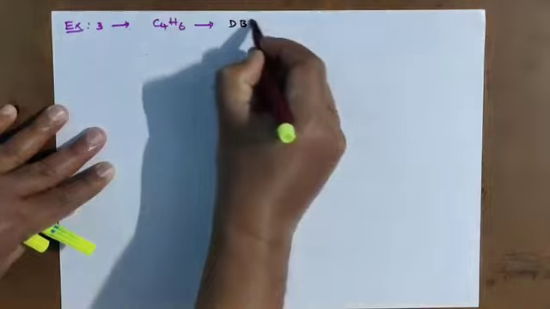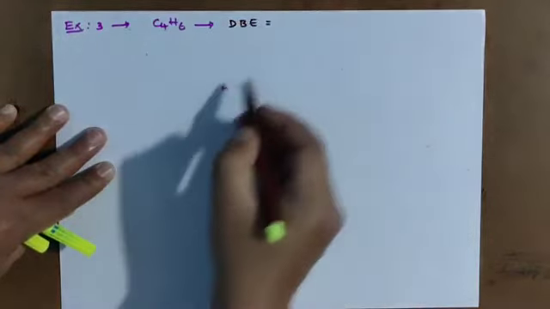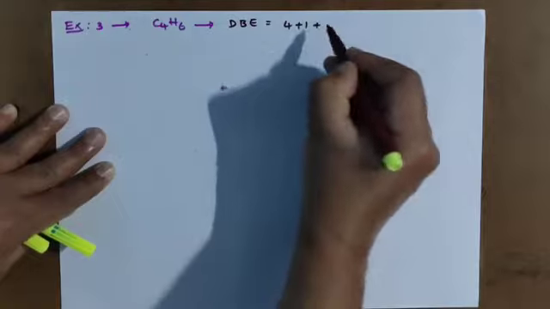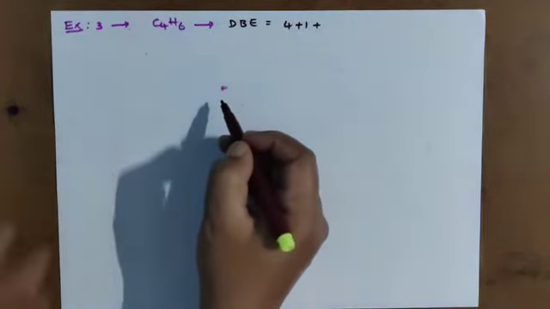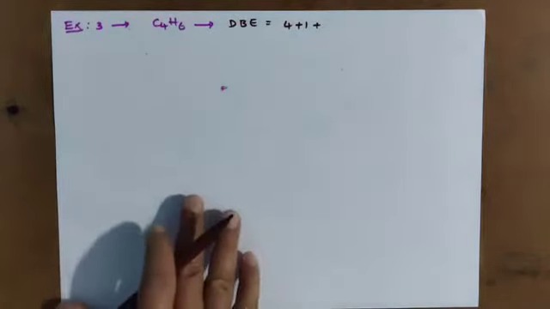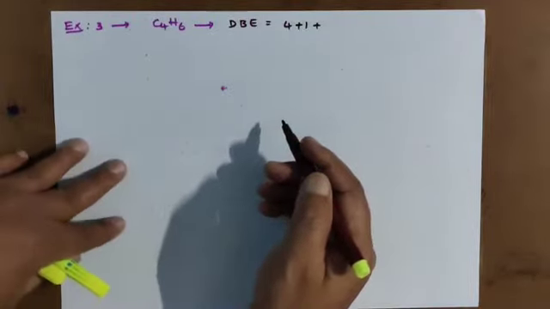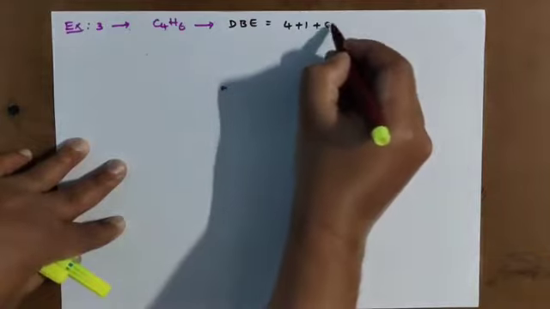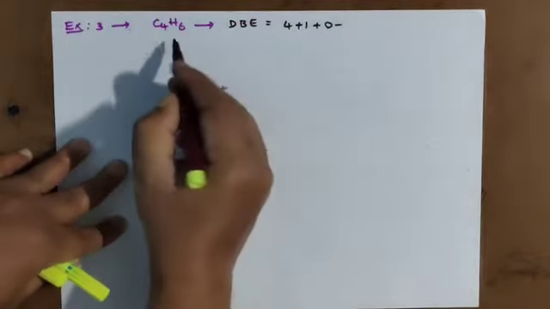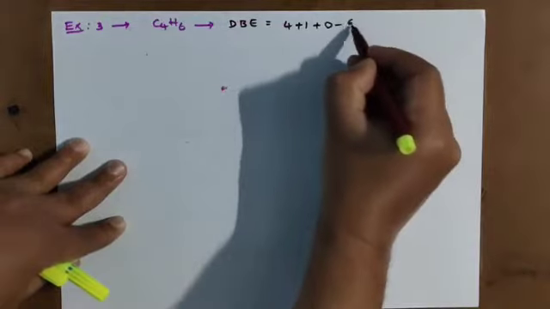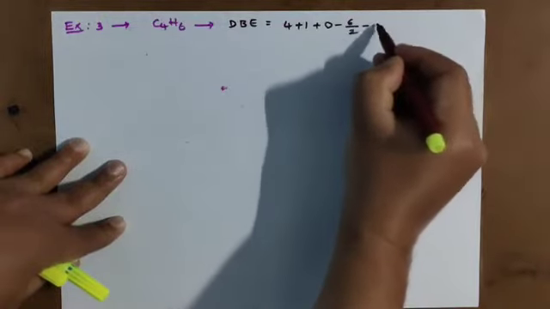DBE equal to number of carbon atoms 4, plus 1, plus number of nitrogen atoms by 2, nitrogen is not there, minus number of hydrogen atoms by 2, minus halogen atoms 0.